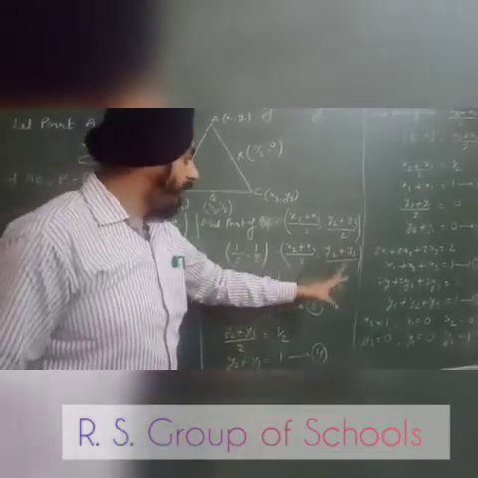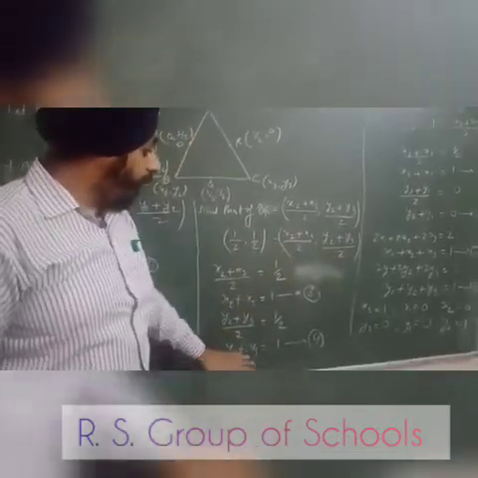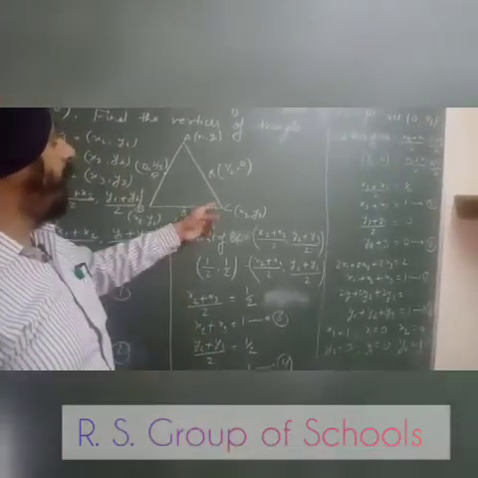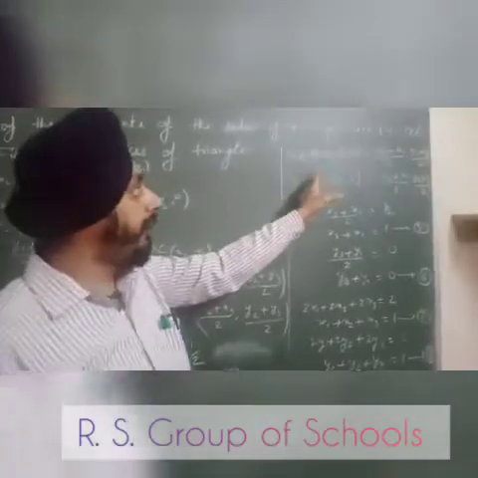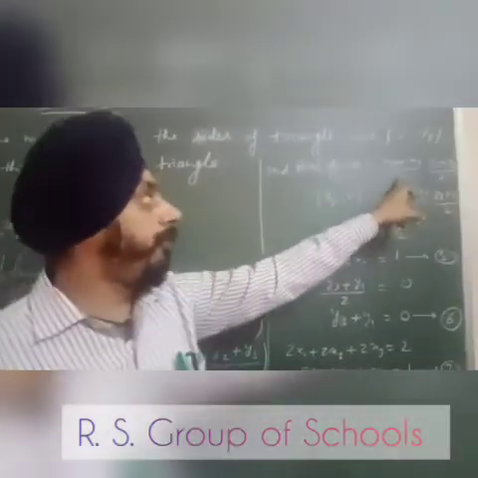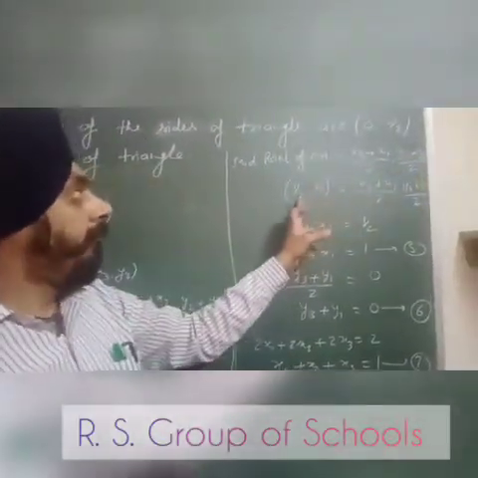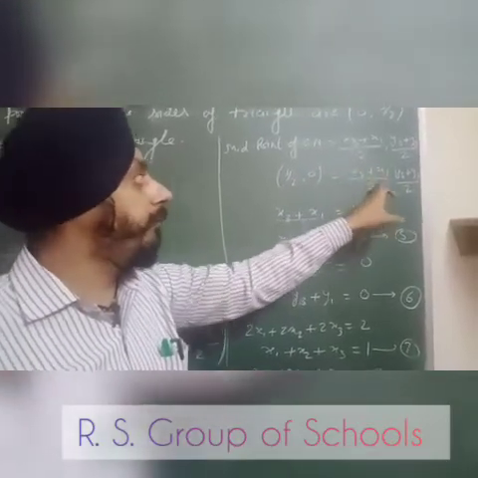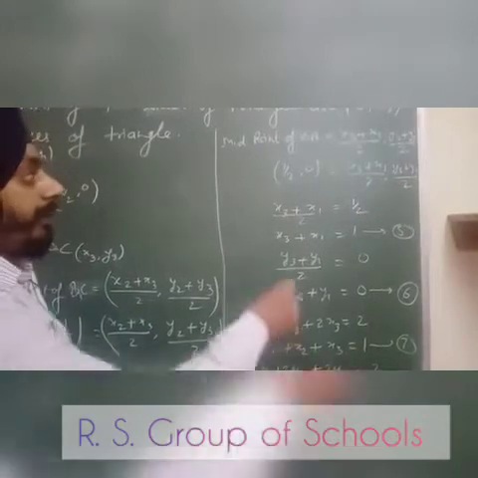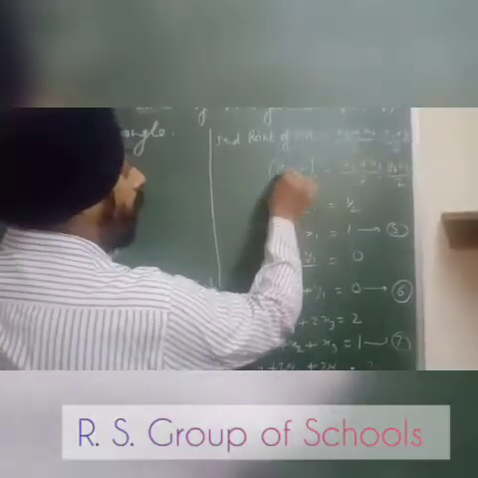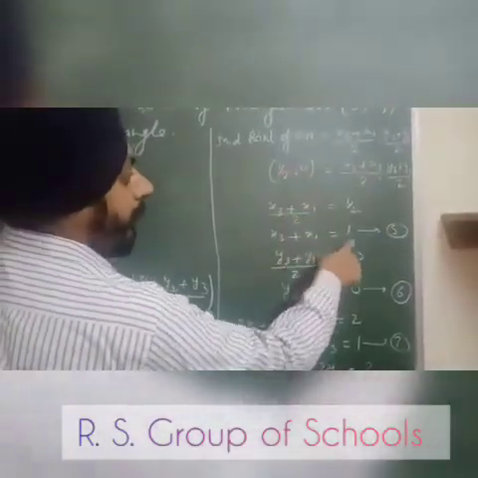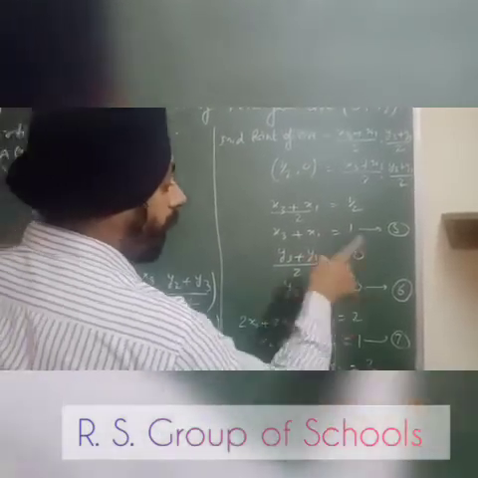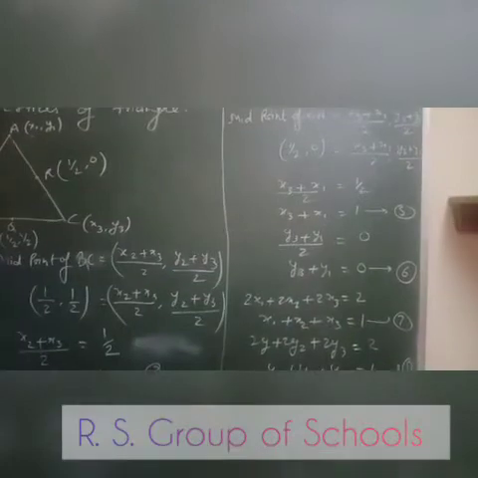And (y2 + y3)/2 = 1/2, then y2 + y3 = 1. In this way we find the midpoint of CA, which is ((x3 + x1)/2, (y3 + y1)/2) = (1/2, 0). So x3 + x1 = 1 and y3 + y1 = 0. Now we have 6 equations.